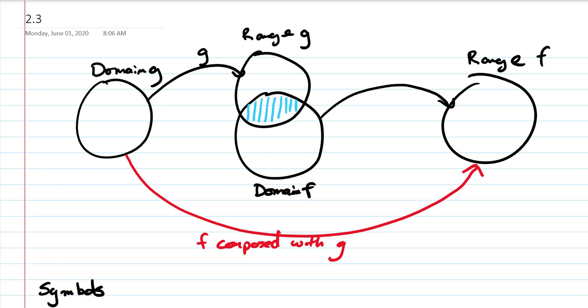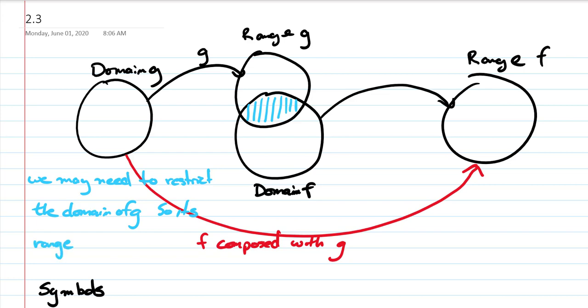So what's going to happen is we may need to restrict the domain of g so its range is in the domain of f.